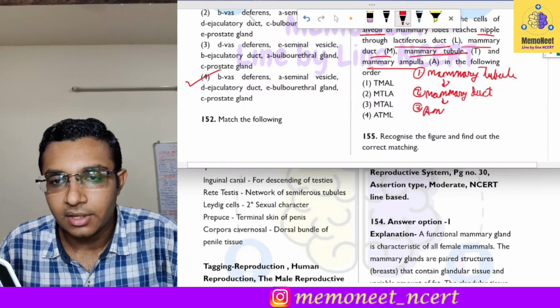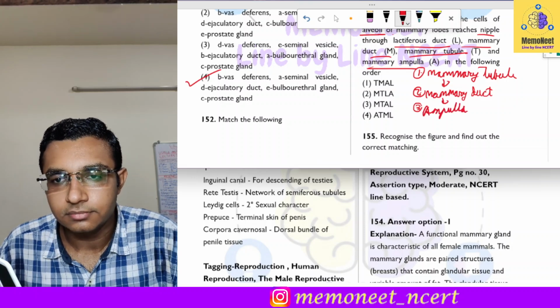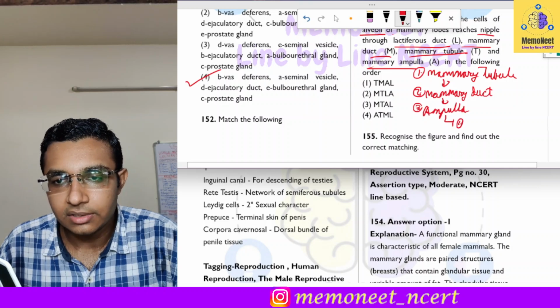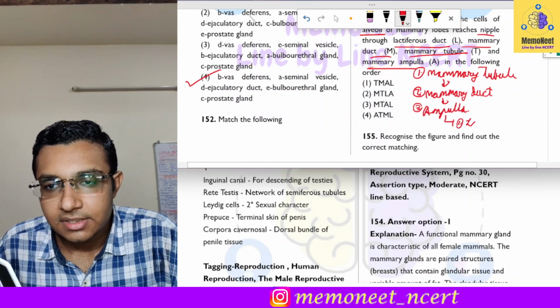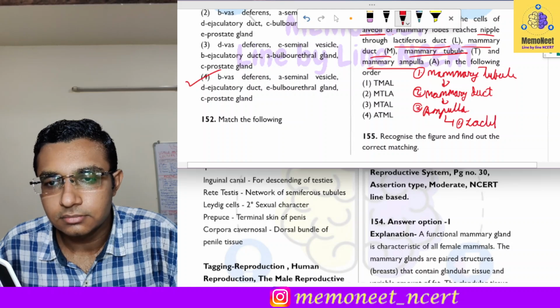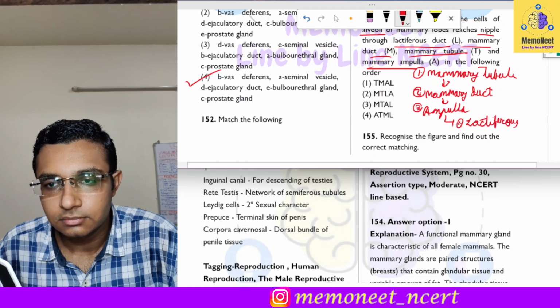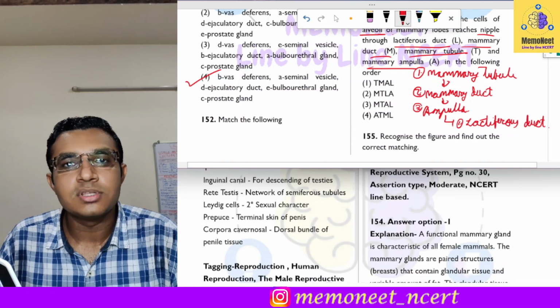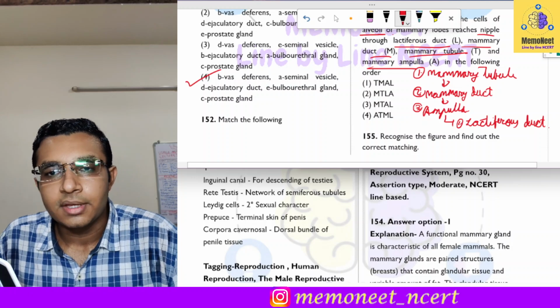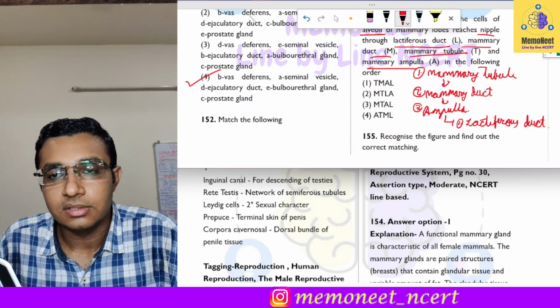So it goes to the ampulla. Then from the ampulla, the fourth structure is the lactiferous duct. And this lactiferous duct opens at the nipple area. So this is the sequence.